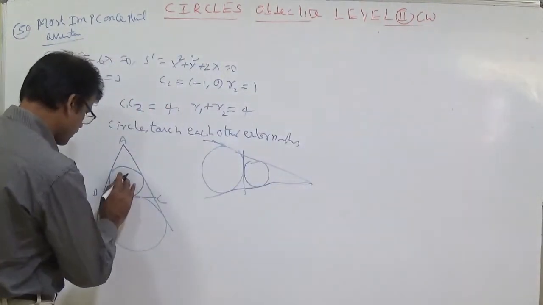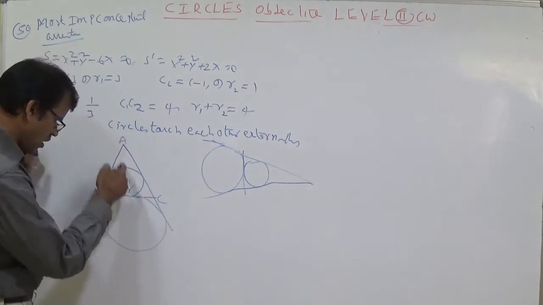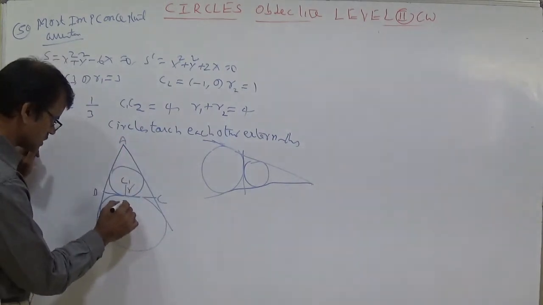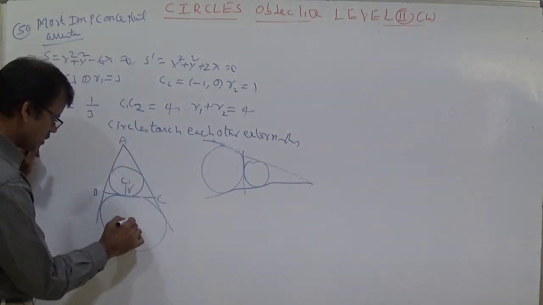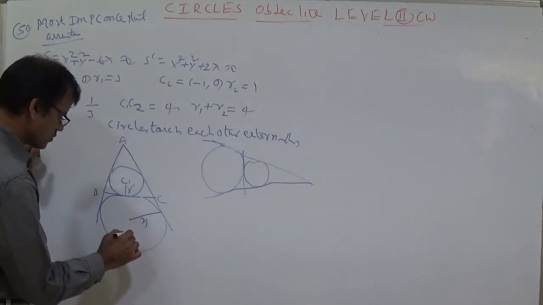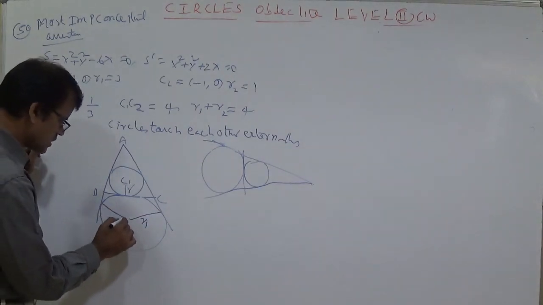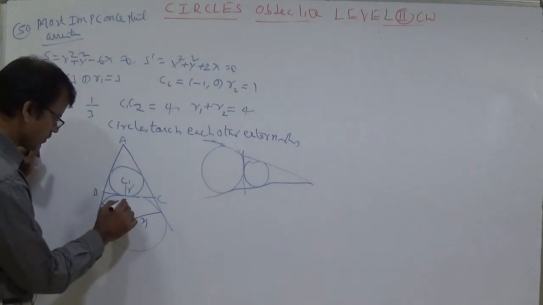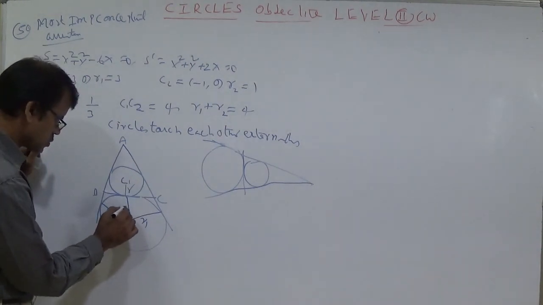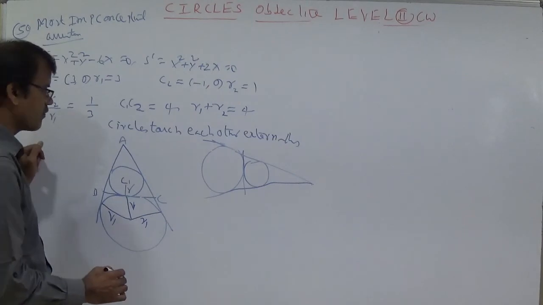This is the circle which is opposite to A, it is called the excircle. Here you can put R1. It is the exradius, it is R1.